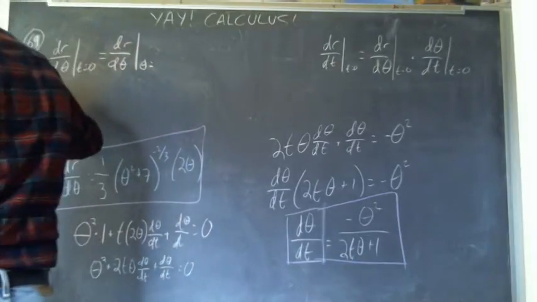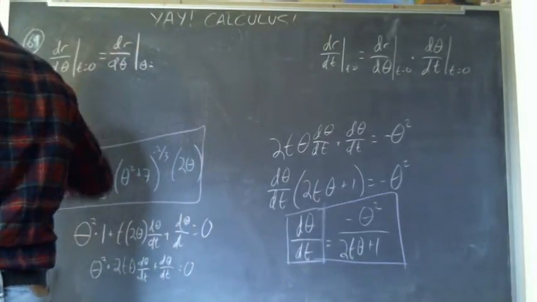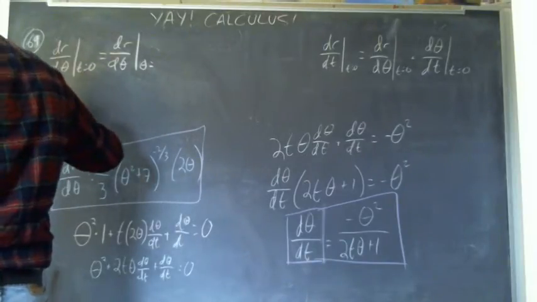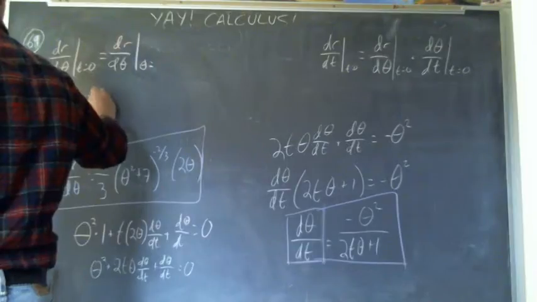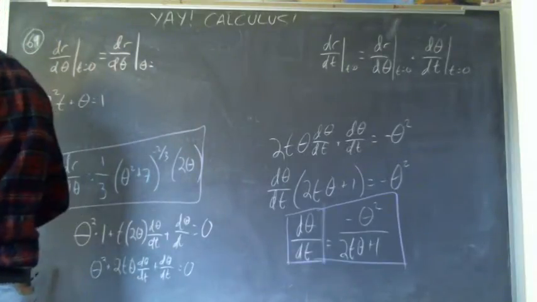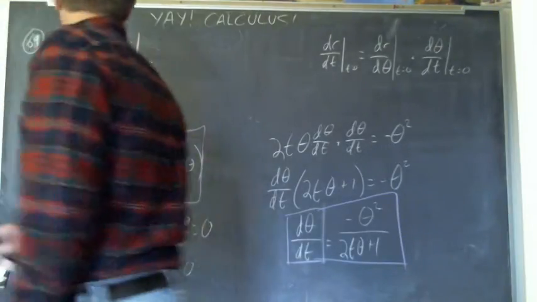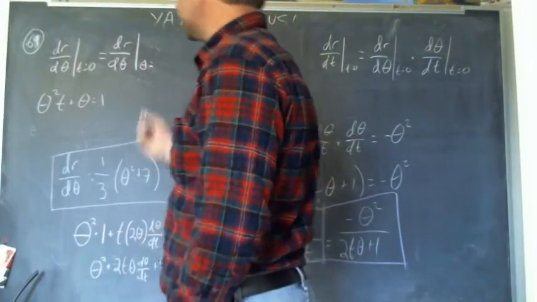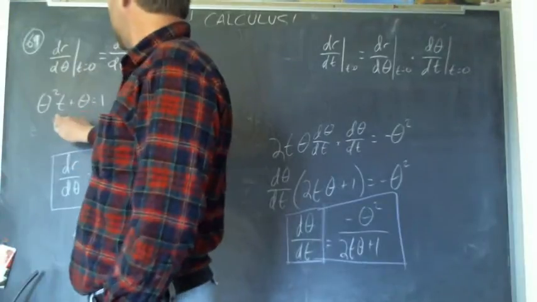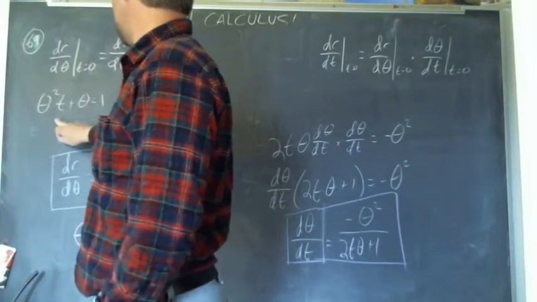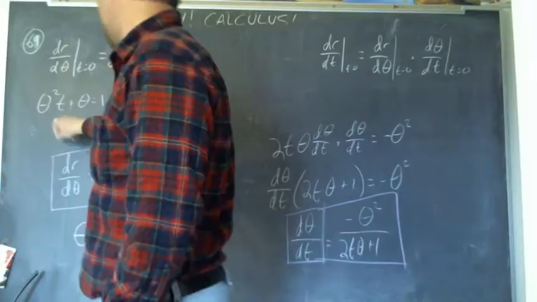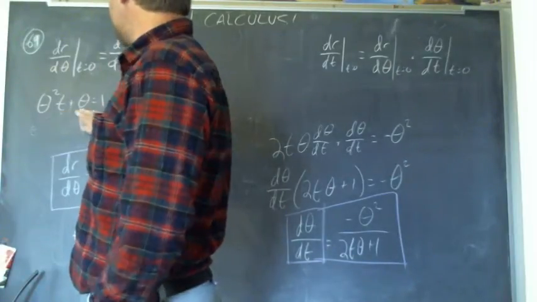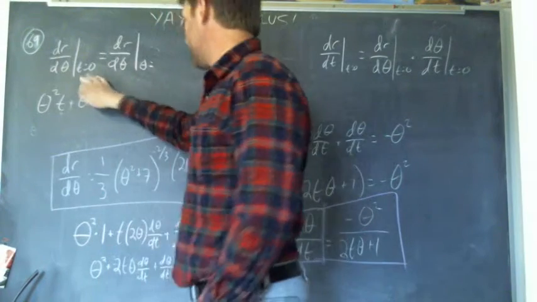So that's looking at theta squared t plus theta equals 1. Rather unfortunate, but we do what we have to. When t equals 0, this all goes out, and that's just sheer luck that that's 0. Otherwise, we have to factor and we get 2 answers, and that'd be horrible. But as this is 0, that means that theta equals 1 when t equals 0.